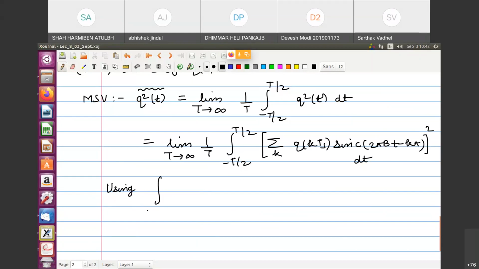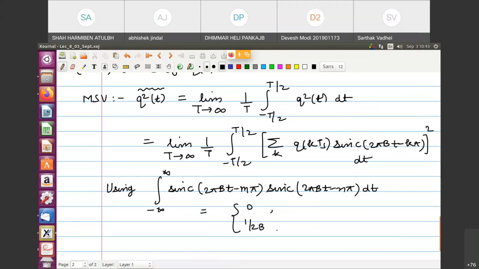the integration from minus infinity to infinity of sinc of 2 pi bt minus m pi into sinc of 2 pi bt minus n pi dt is equal to 0 for m not equal to n, and 1 upon 2b for m equal to n.